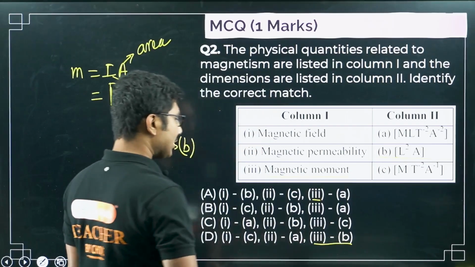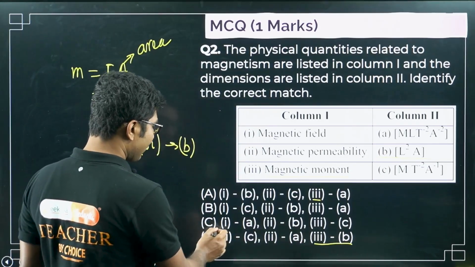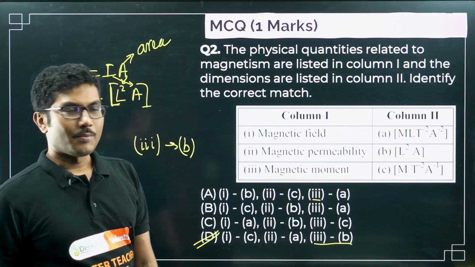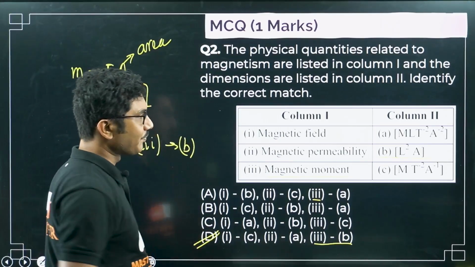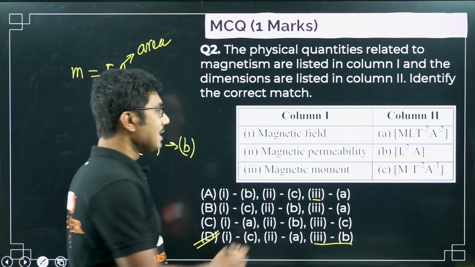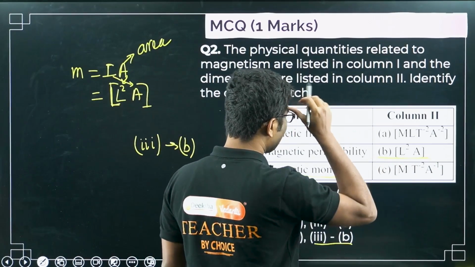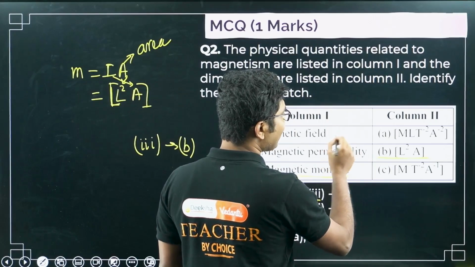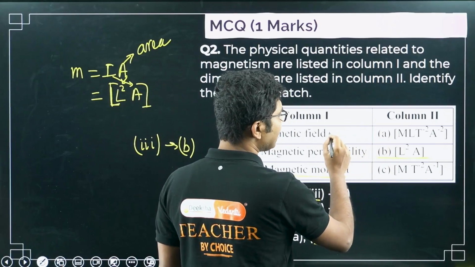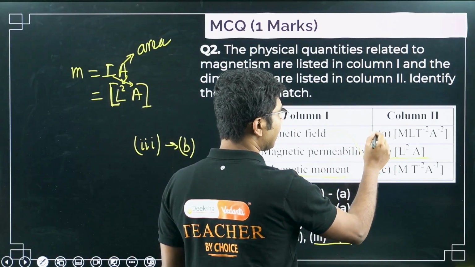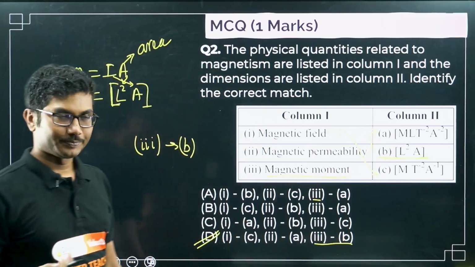So without any calculations you can simply close your eyes and mark that definitely this will be the correct answer. Also one more trick: since you have calculated that magnetic moment matches with B, definitely the magnetic field, obviously they will not give a direct combination, so this should be here and this should be here. This is another way to guess.